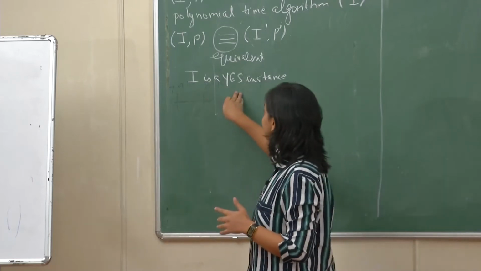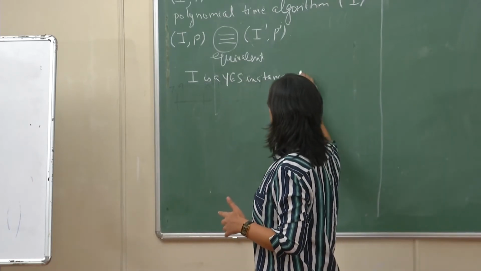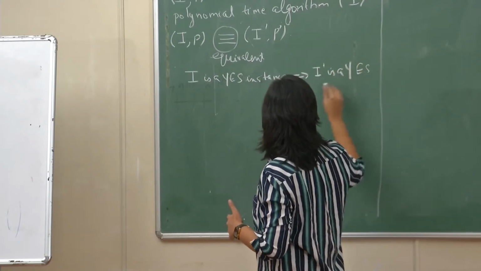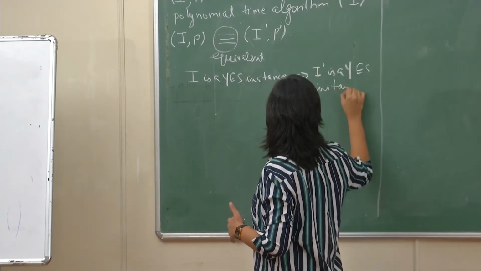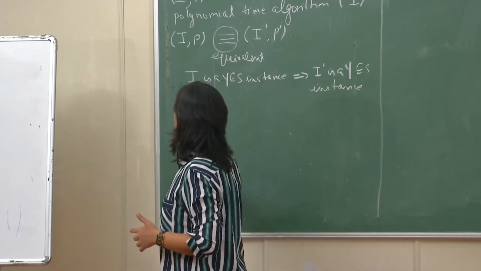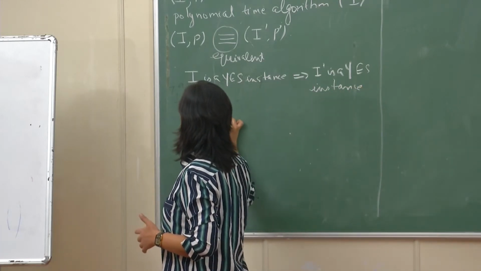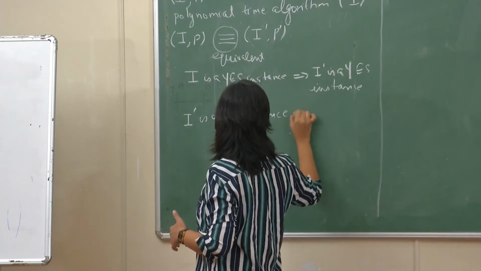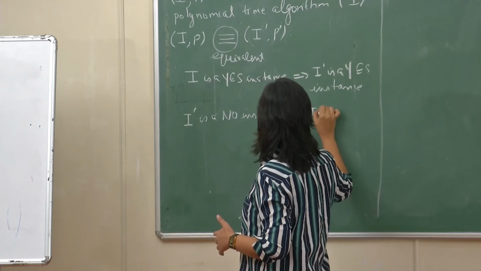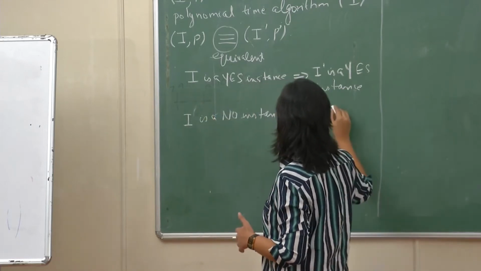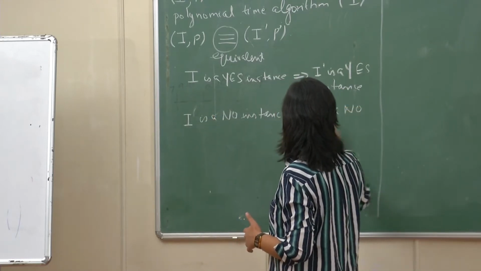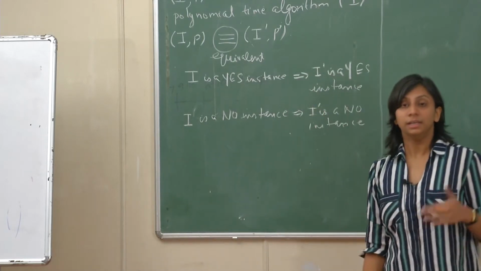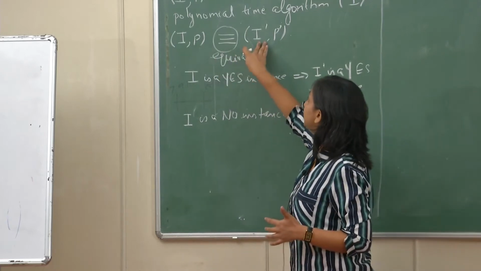So if I is a yes instance for the problem, then I prime is a yes instance, and the reverse also holds. If I prime is a no instance to the problem, then if I is a no instance to the problem, then I prime is a no instance. Okay, so this is what I mean when I say instances are equivalent.